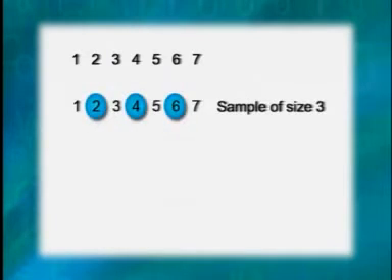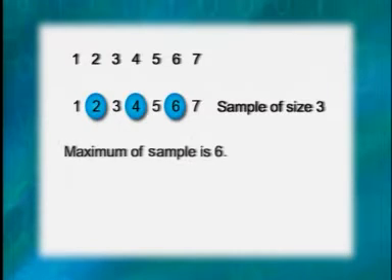Suppose the actual number of tanks in the population were 1 through 7. That's the total number of tanks. And we selected 3 at random. Well, if the 3 at random were evenly spaced, our maximum number would be 6. So if we take 6 and multiply it by some fraction to get it up to 7, in other words, we're trying to make it bigger, we're going to guess a number bigger than 6, and we're asking ourselves, how much bigger should we choose?